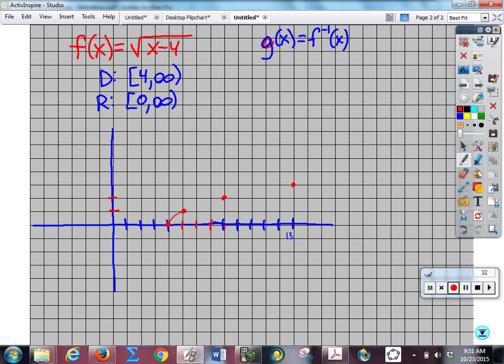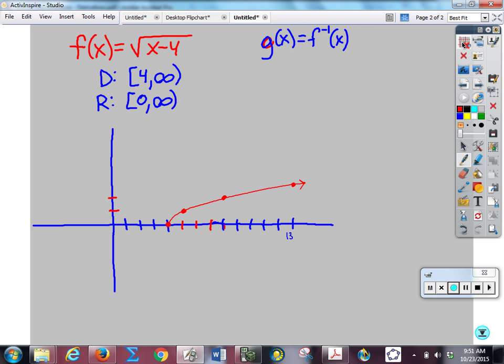And let's just write down some of those points. So this will be 5, 1. I guess we can write down all of these: 4, 0, 8, 2, 13, 3. Without finding the inverse, we can find it algebraically, but without finding it, do you guys know what it looks like?